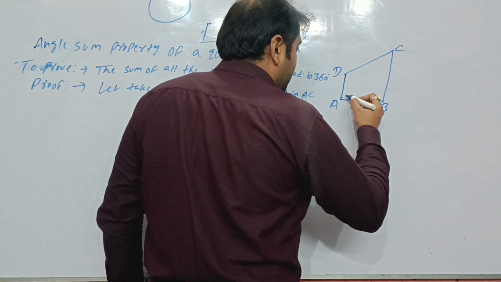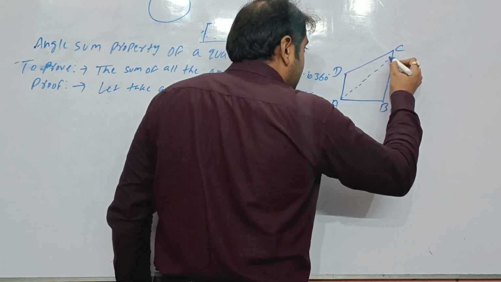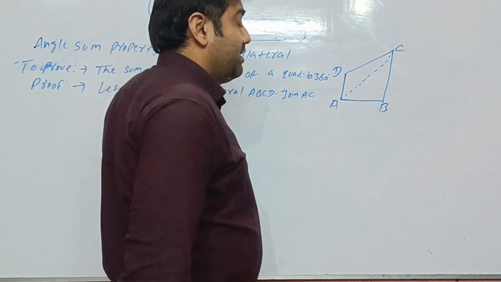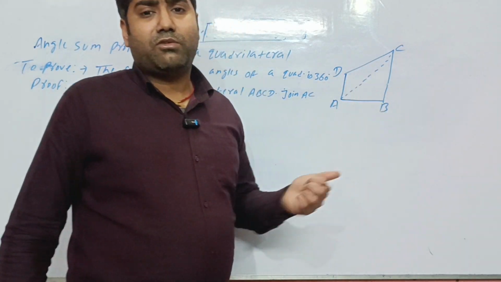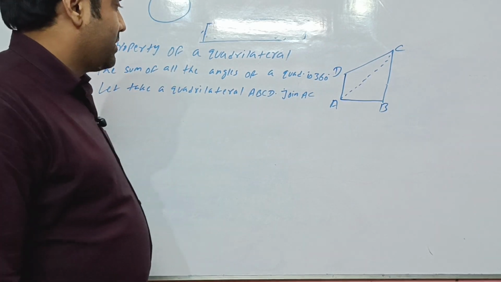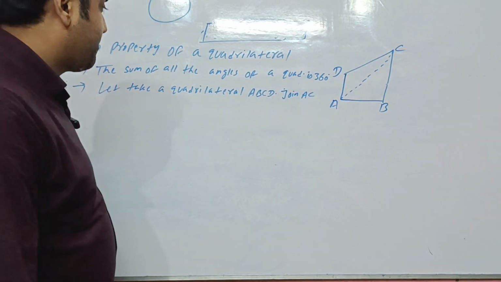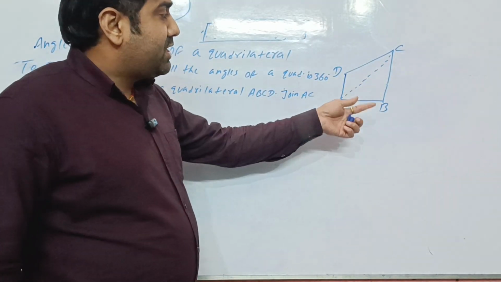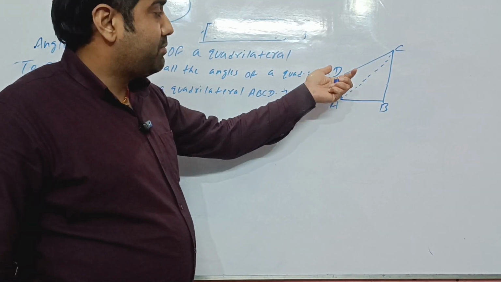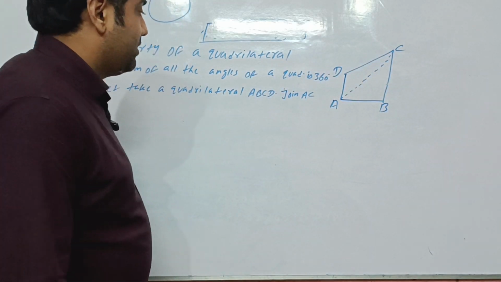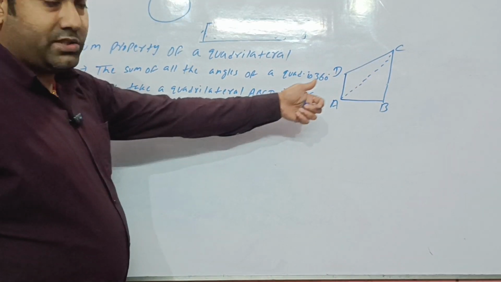We have two diagonals for this quadrilateral. One is formed by joining AC and the other is formed by joining BD. But here we need only one diagonal to prove this theorem. That's why I have taken only one diagonal. You can also take BD. If you want to take BD, just join BD and leave AC. Here I am going with the AC diagonal.